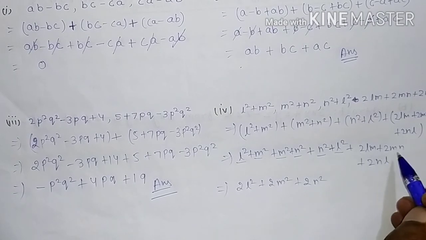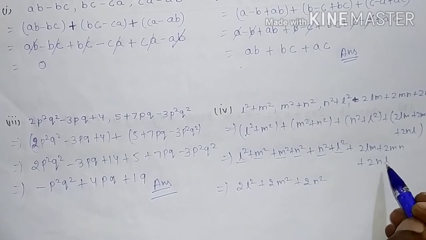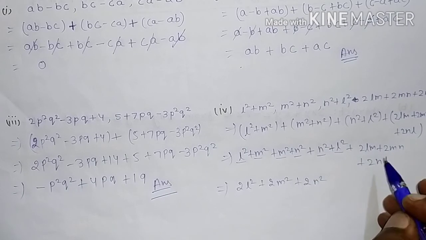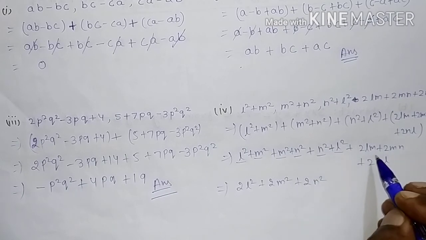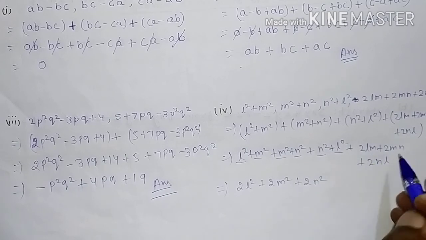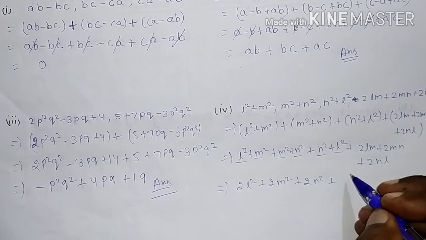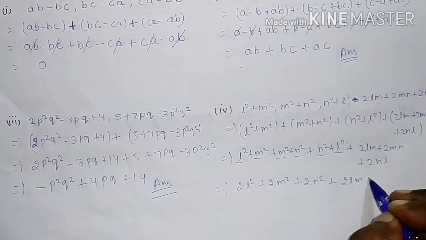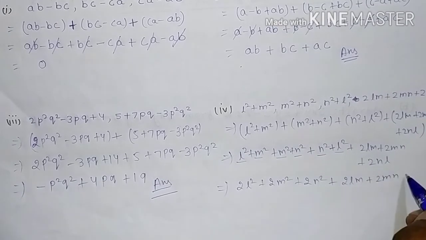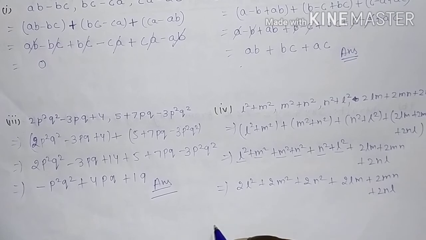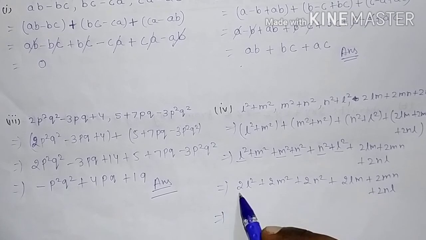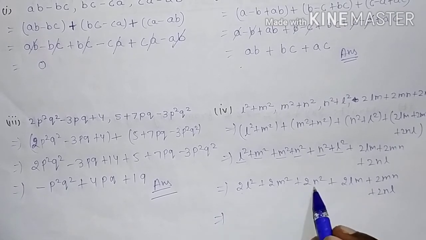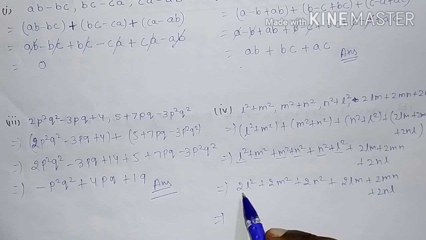Now 2LM, 2MN, 2NL: the variables are different, so they cannot be added. So just write as it is, 2LM, 2MN plus 2NL. Now in the first three terms, 2L square, 2M square plus 2N square, we can take 2 as common.